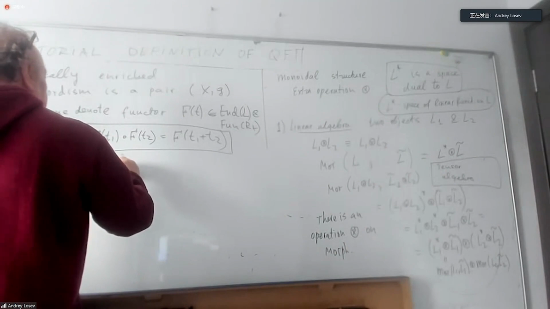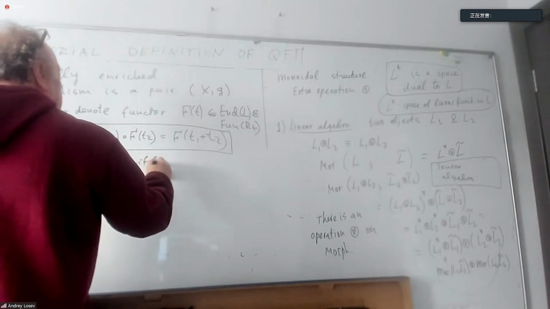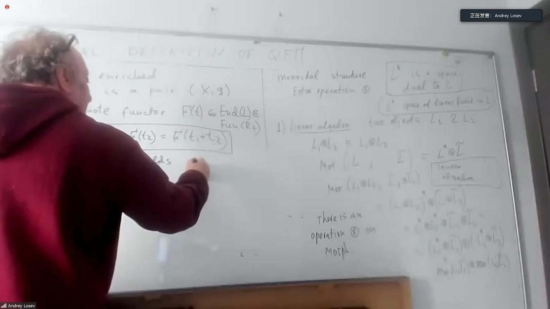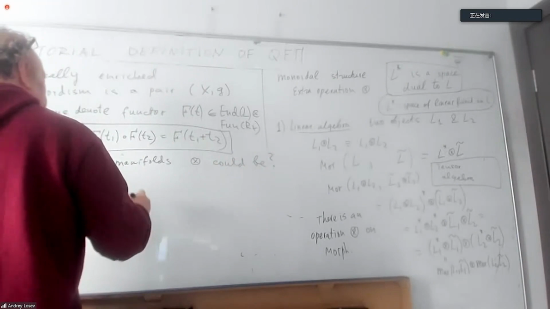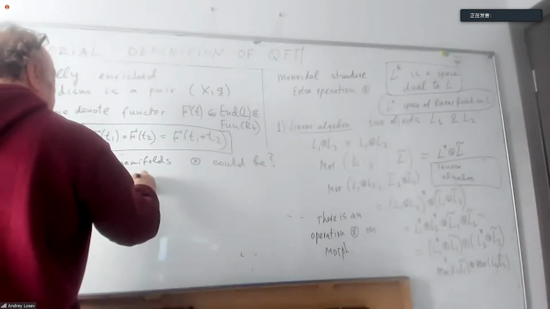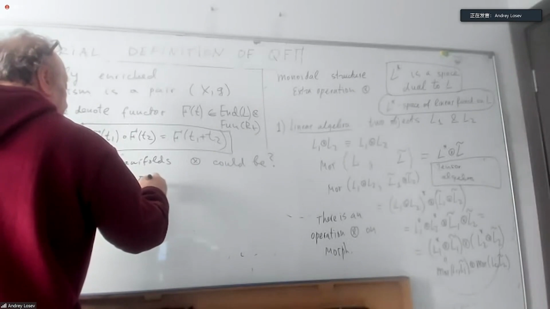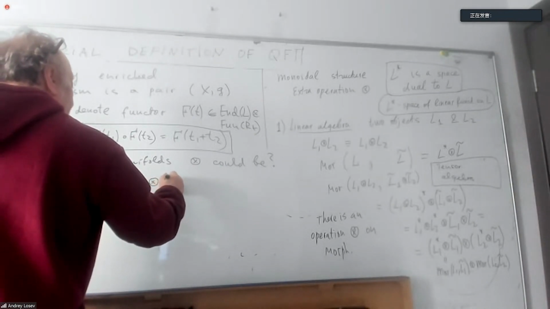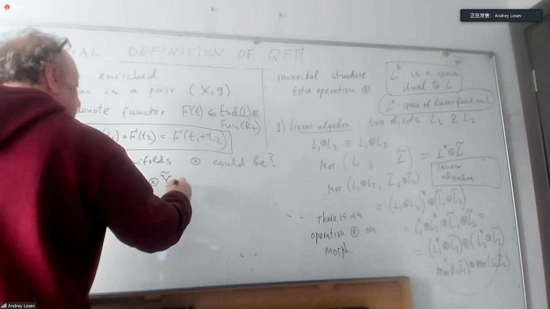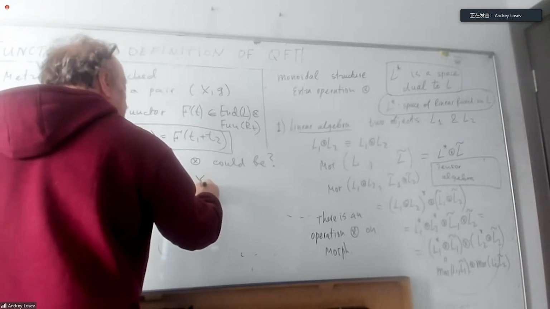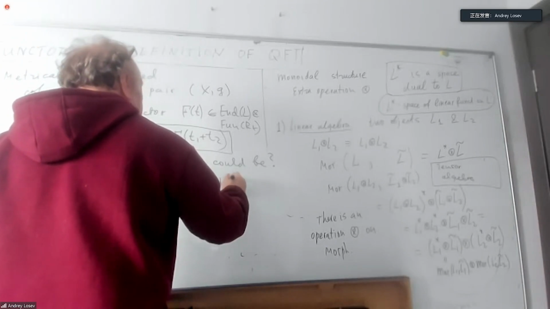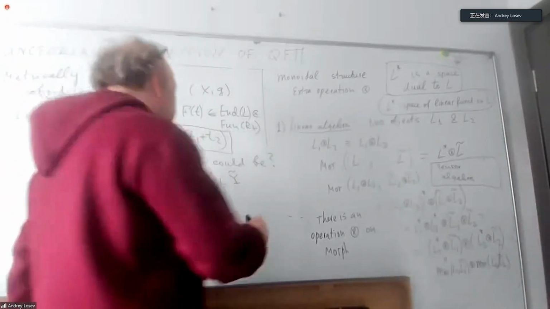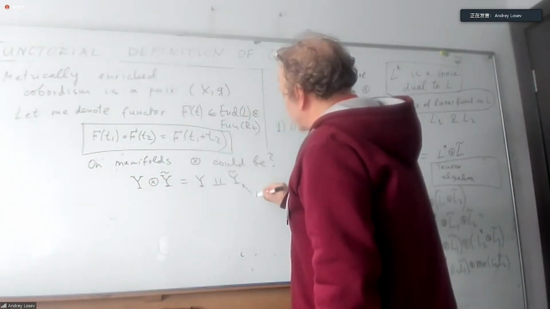Now, on manifolds, what could the star be? Y tilde is just this. It's called the disconnected sum.